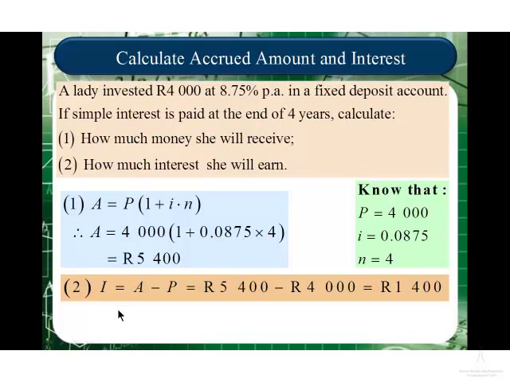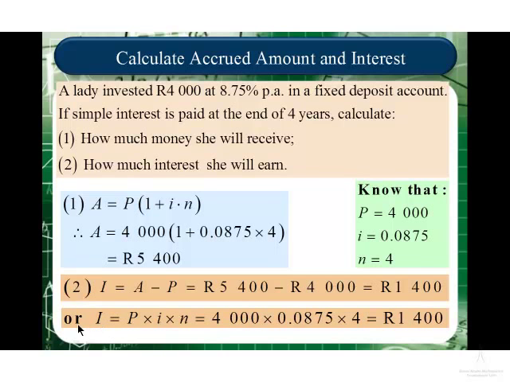Clearly, from a previous statement about the relationship between the final accrued value and the initial investment, or the principal, the total interest, capital I, is the difference between the two values, A and P. In our case it will be 5,400 rand minus 4,000 rand, which gives us a total amount of 1,400 rand that was generated through simple interest over the 4-year period.